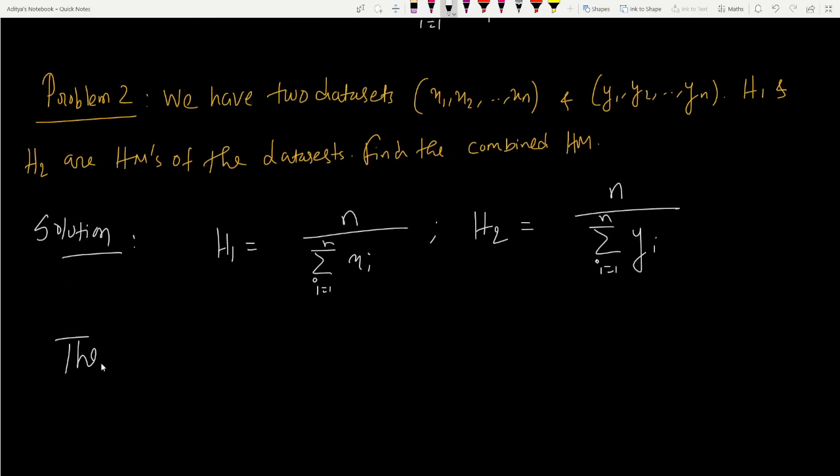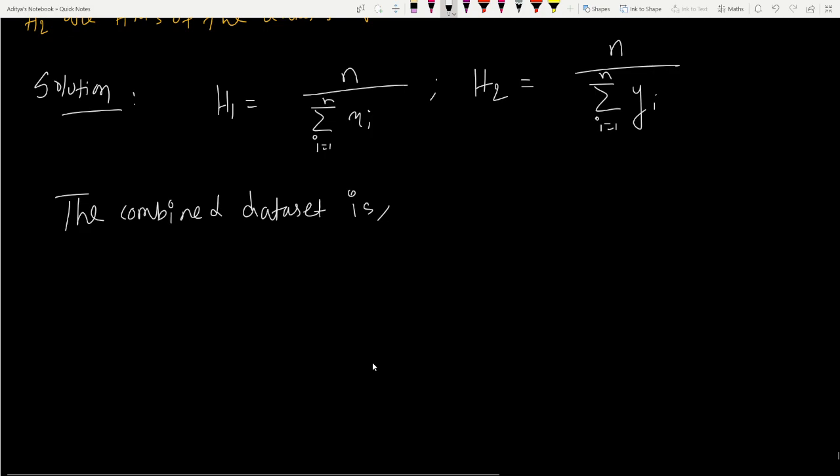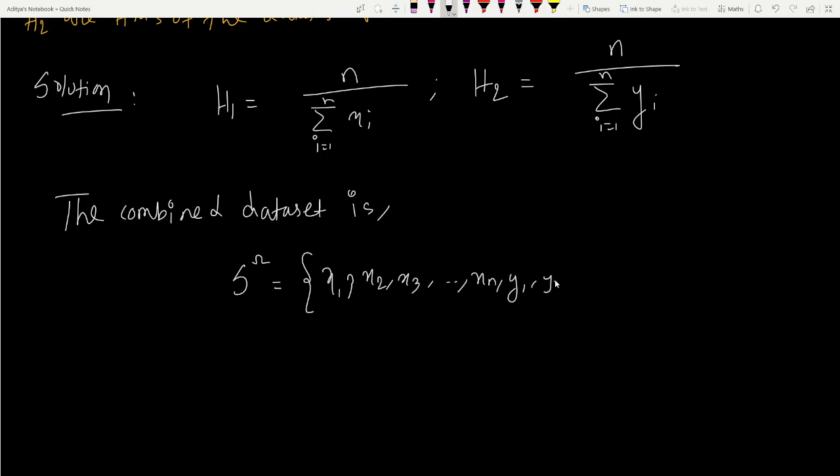Now let us see what we can do. The combined data set, let's call this S omega, is x1, x2, x3 all the way up to xn, y1, y2 and all the way up to yn, and there are a total of 2n elements here, right?